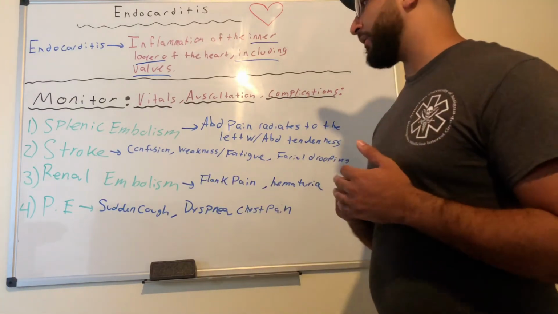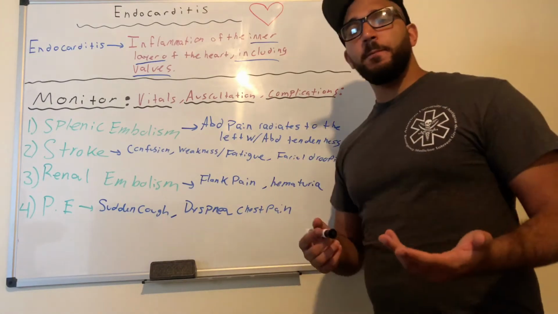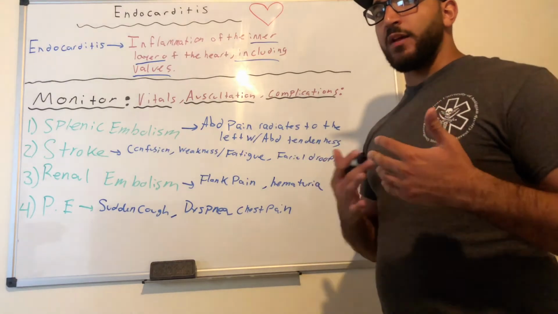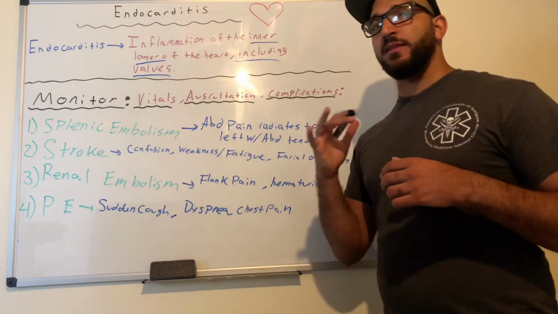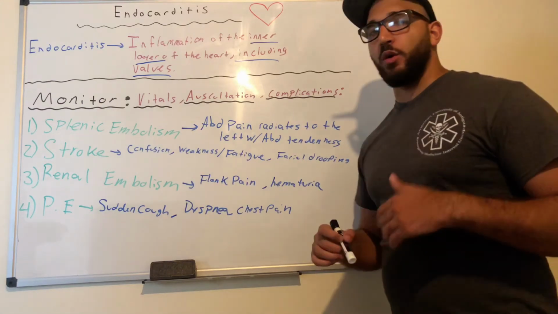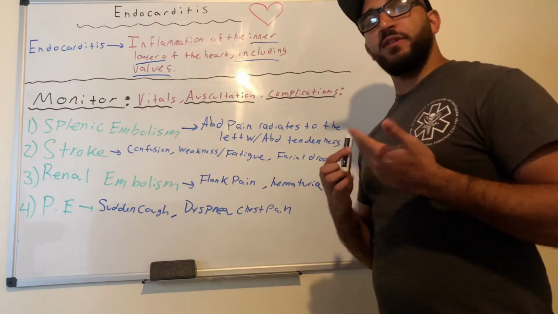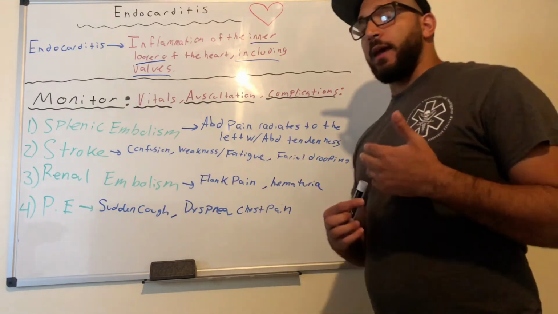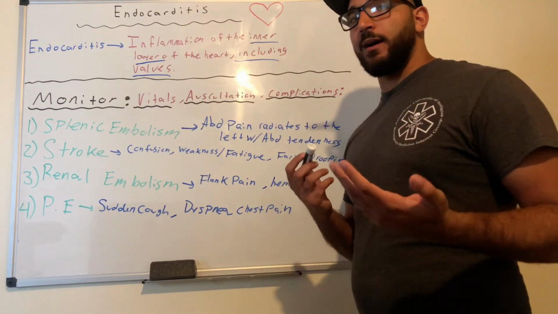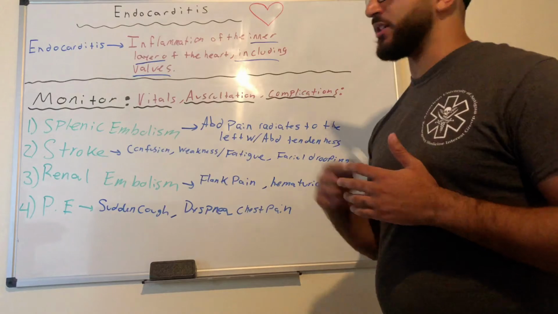As far as a stroke, on the other hand, if a patient may feel confused, weakness with fatigue, facial drooping, arm weakness, that may be indicative of a stroke caused by the vegetation on the mitral or the left ventricle going out to systemic circulation. And then renal embolism, if a patient is feeling flank pain on their backside and they're bleeding while they're urinating, also known as hematuria, that's a positive sign of renal embolism, and that could be indicative of complications associated with endocarditis.